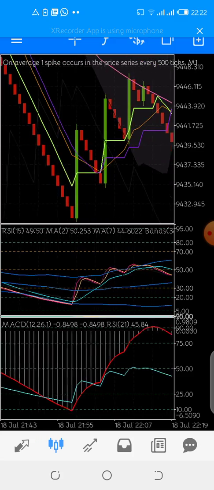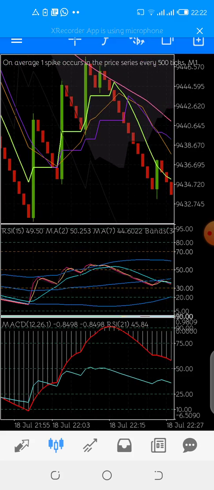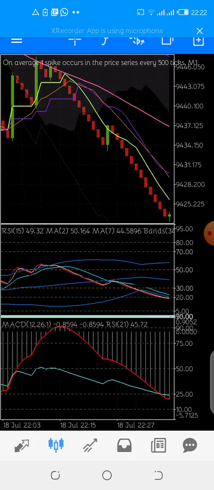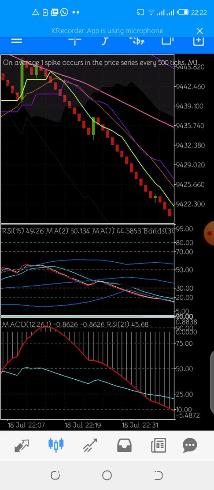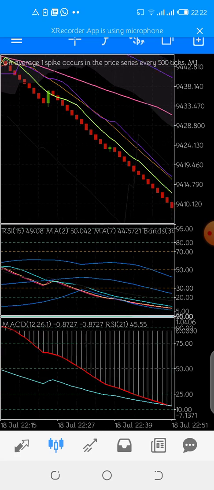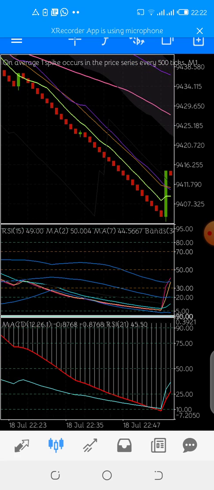Okay, so let's continue. You see it's touched again, but again we are still on a downtrend. You see, so it's touching but it's not spiking.